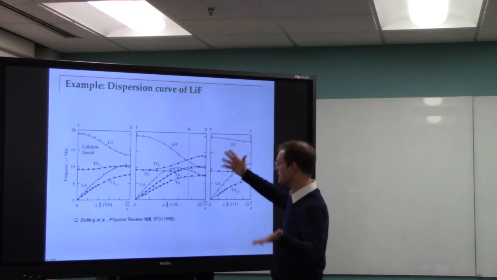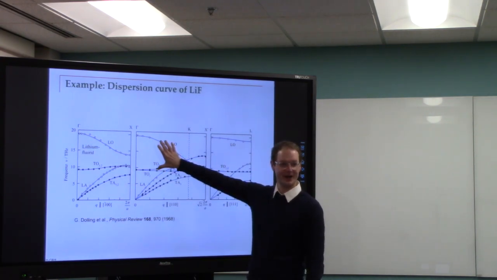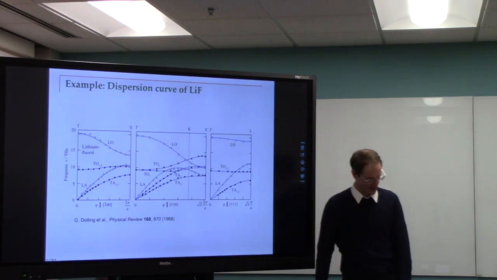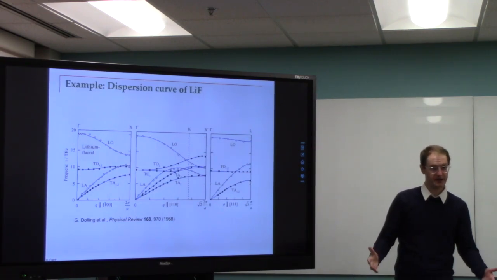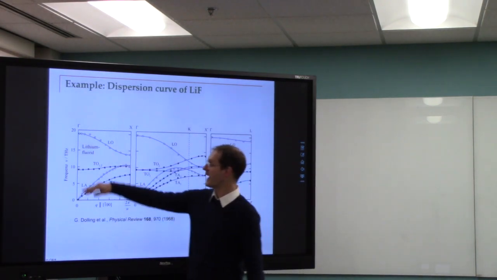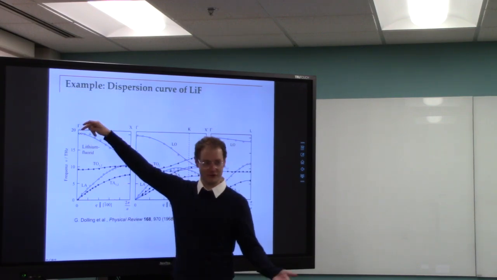Qualitatively it looks kind of like the copper picture, except you also have these optical branches. The picture looks more complicated, but notice again there is a maximum frequency in the diagram, and that corresponds to the maximum possible phonon frequency.